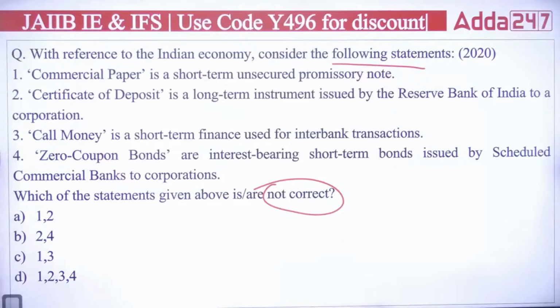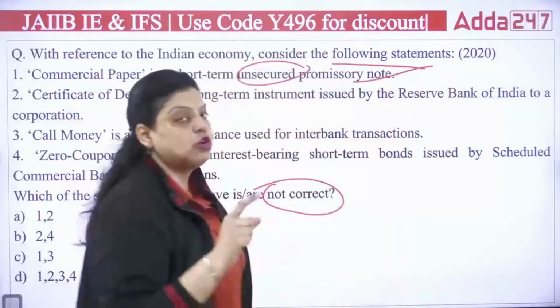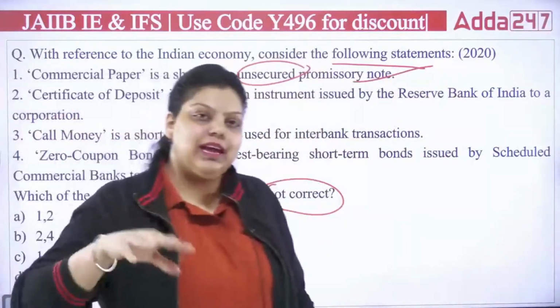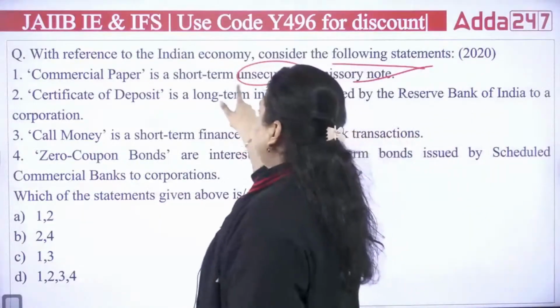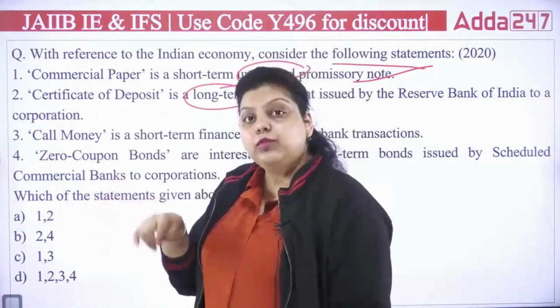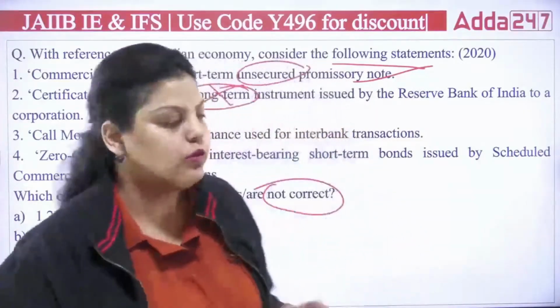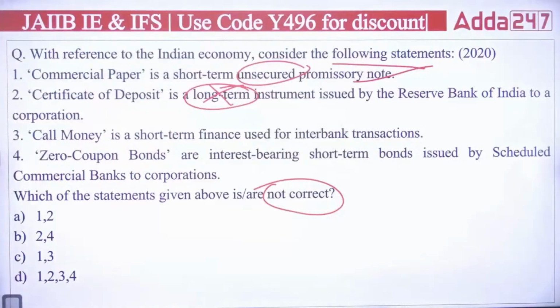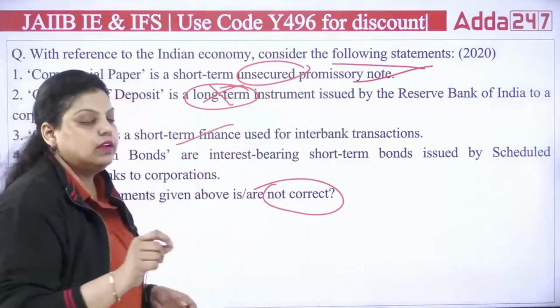Okay, so commercial paper is a short-term unsecured promissory note, that's true because the commercial papers are issued by corporates and that's why we call them the unsecured instrument. Second is saying certificate of deposit is a long-term instrument. It is a part of money market and the duration is 7 days to 364 days only. So it will be wrong. Call money is a short-term finance used for interbank. That is true. The call money is only available for 24 hours.